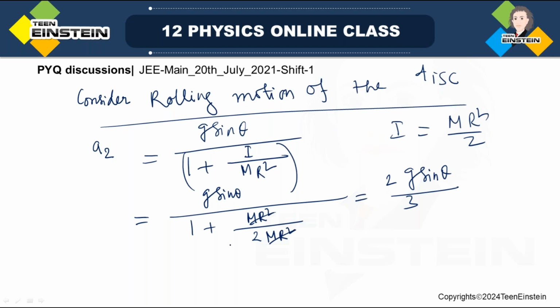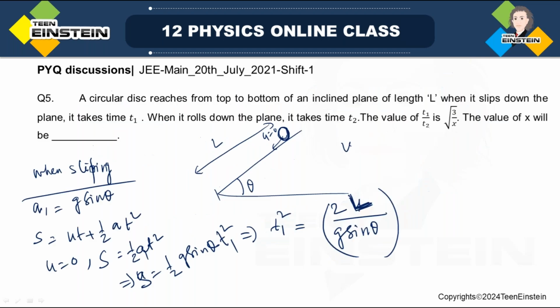Now if you have this acceleration, how much will be the time to cross this distance L? So t2 square will be a similar formula, S is equal to ut plus half a t square.